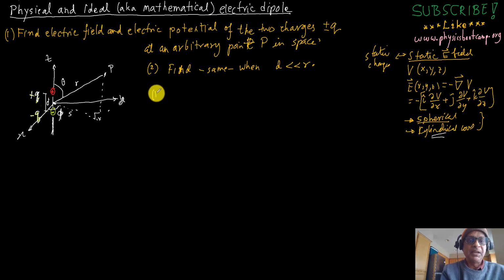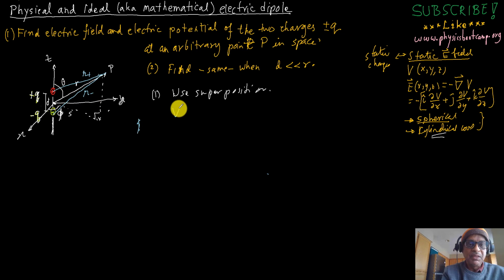So how do I get V? It's basically superposition. Use superposition. The electric potential from here plus the electric potential from here, that should be the answer. From here to P, let's call the distance r plus. From here to P, let's call the distance r minus. And we just need to figure out r plus and r minus.